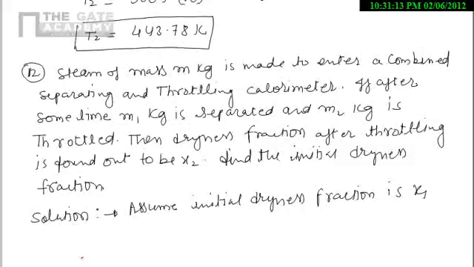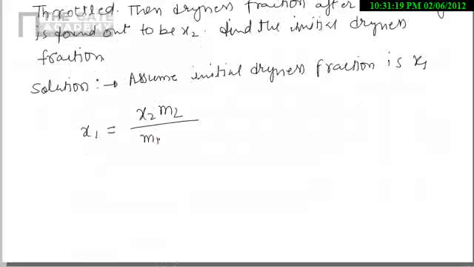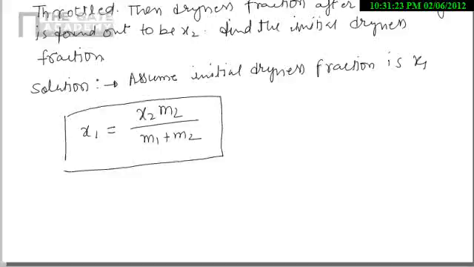So for x1, remember x2 m2 divided by m1 plus m2. This is the formula for the initial dryness fraction, which is a function of the dryness fraction after throttling and the total mass, that is m1 and m2. So x1 equals x2 m2 divided by m1 plus m2.